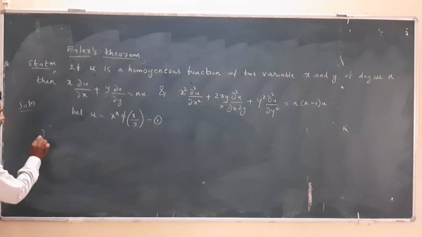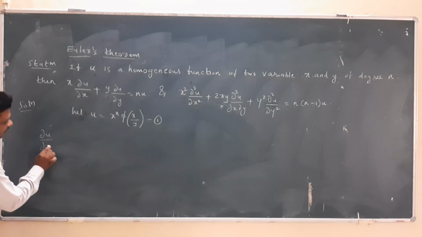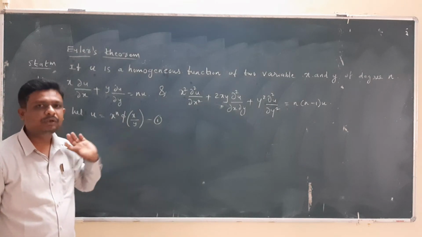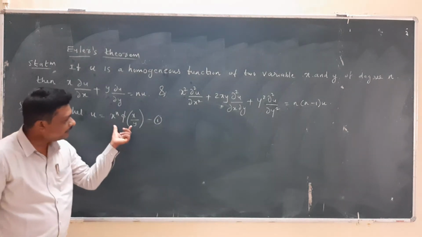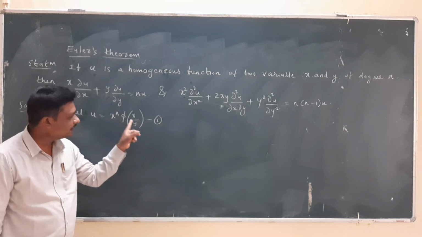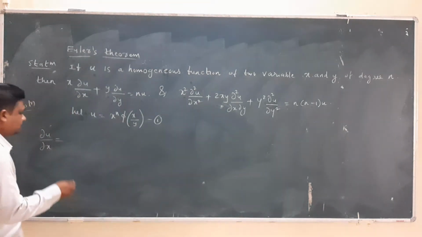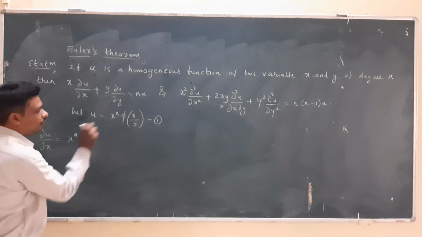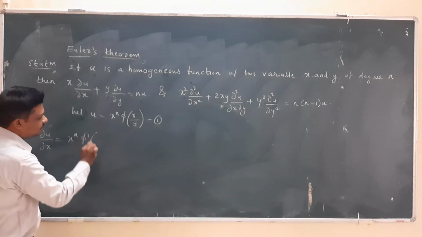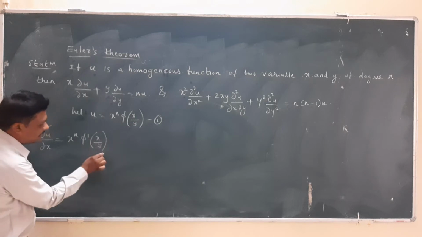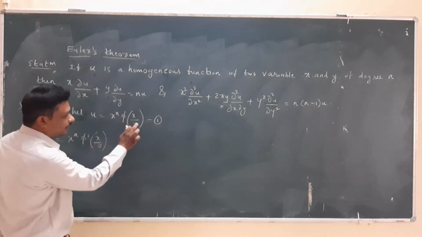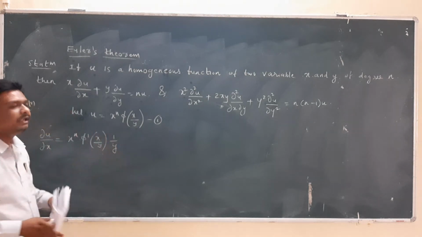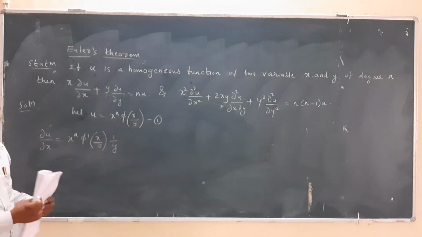Then it becomes ∂u/∂x, differentiating equation number 1 partially with respect to x. Here we are having two x terms, therefore I will apply the product formula. We will write xⁿ as it is, times the derivative of φ, which is φ'(x/y), into the derivative of x/y; y is constant, so what remains is 1/y, because the derivative of x with respect to x is 1.